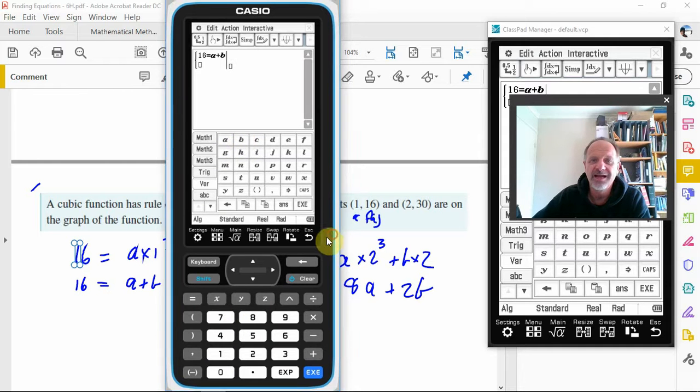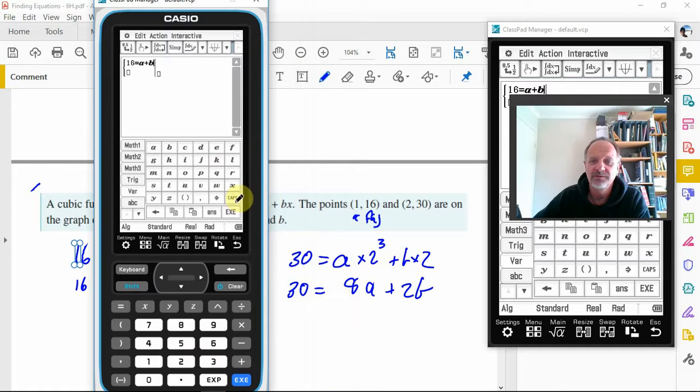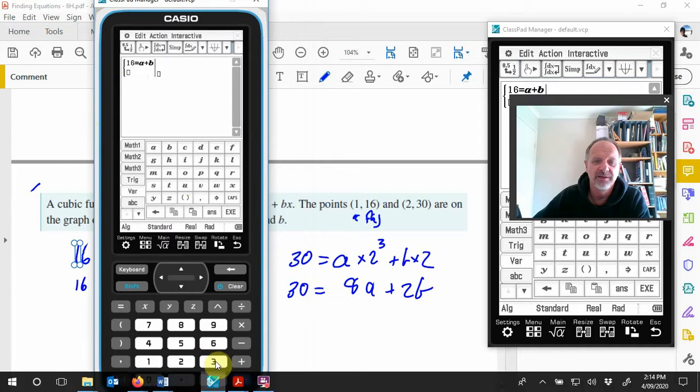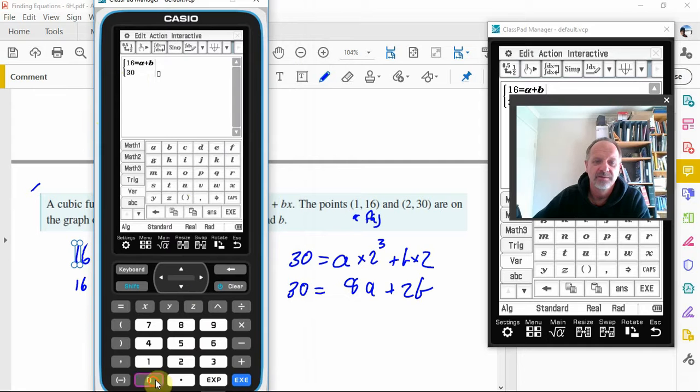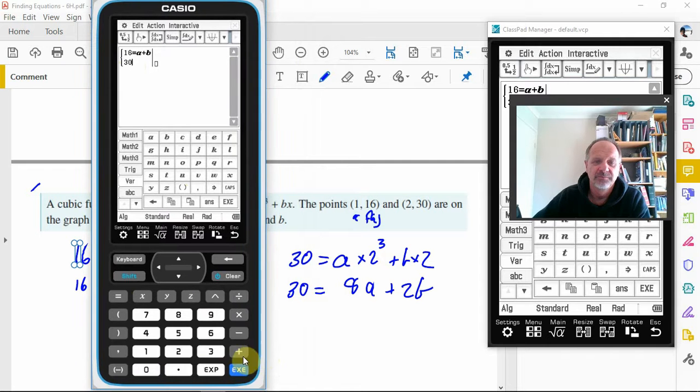And then the other equation, we go down in here. So down button, so 30 equals. The good thing with the simultaneous equation solver is that the equations don't have to be in any particular form.